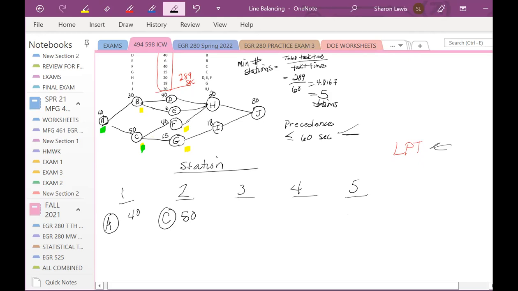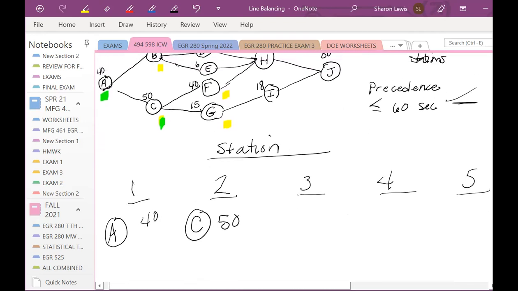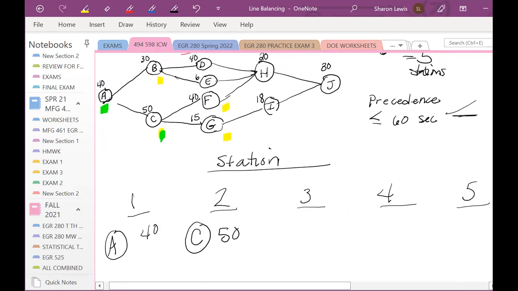So longest processing time, put F in. Well, F can't go because that would be 90. So let's look at the next longest one, 30. Can 30 go in? No, because 50 and 30 would be 80. Can't do it. Well, can we put G in, the third in the order of longest processing time? No, it still can't go in.